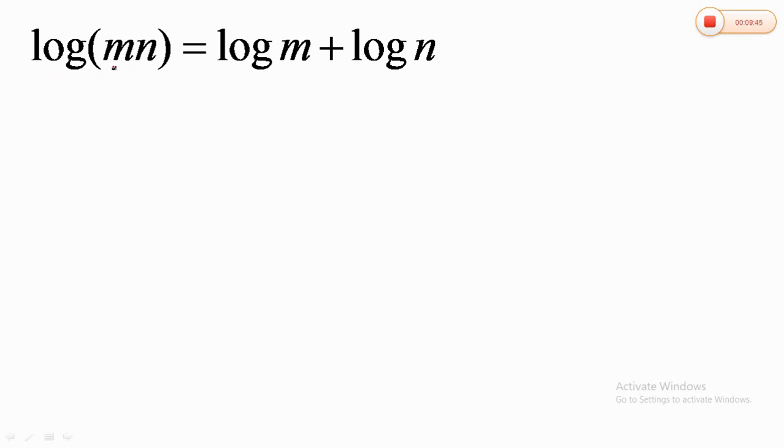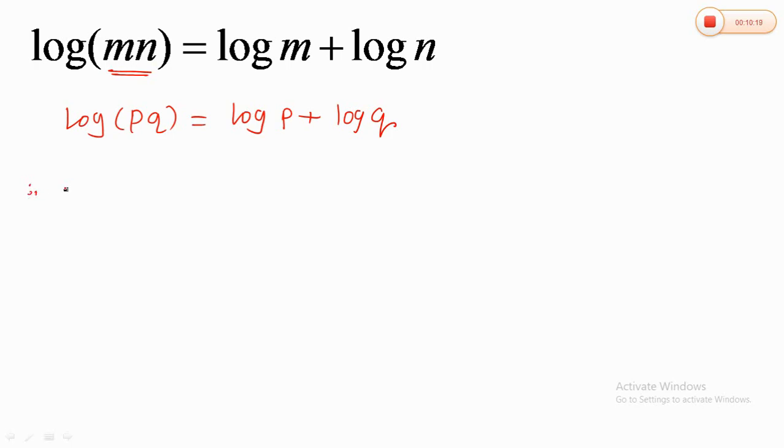Log mn, observe here, a product is there, product to sum: log mn can be written as log m plus log n. Similarly, log pq equals log p plus log q. Only two variables are considered here, but you can write more than two also.